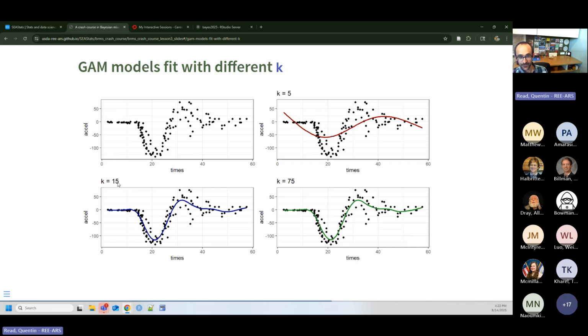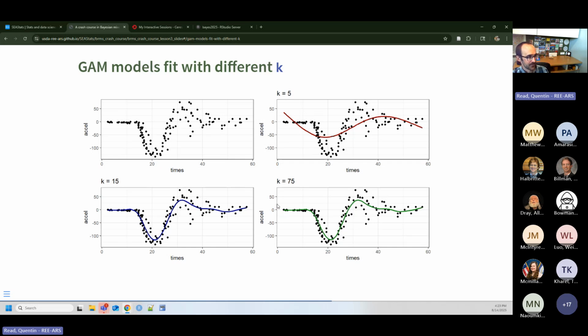If we set k to 15, here's what we get. We get quite a good fit to the data. You see it's capturing the main squiggles without trying to go through every data point. What if we set k to 75? You can see it looks almost exactly like k equals 15, because of the internal regularization that is being used by the GAM process. I'm not going to get into the details of how it works, but it's basically keeping it from trying to go through every data point.